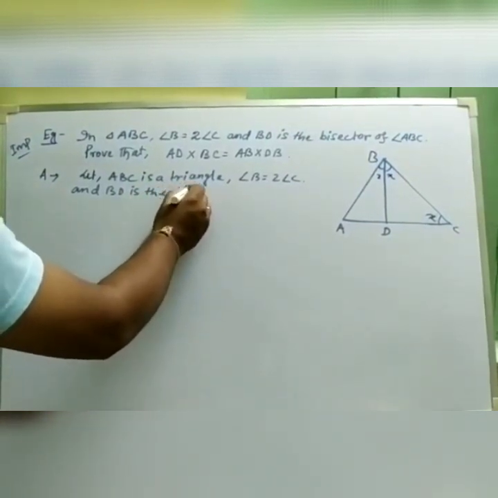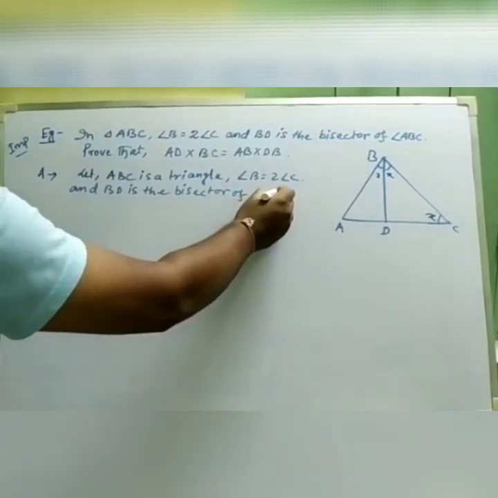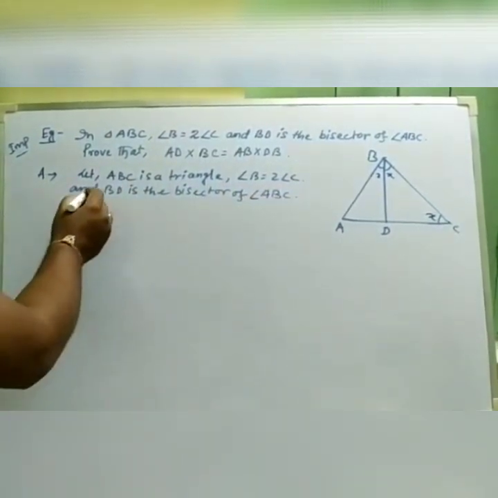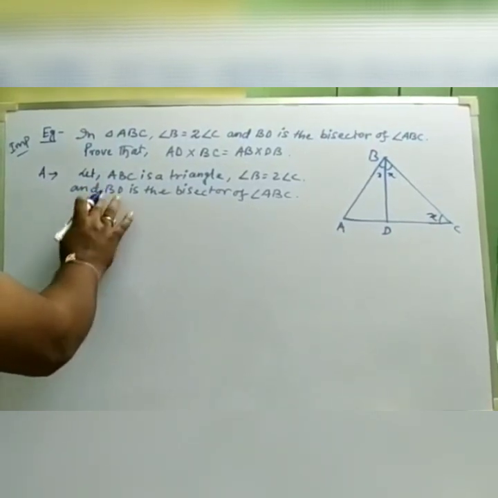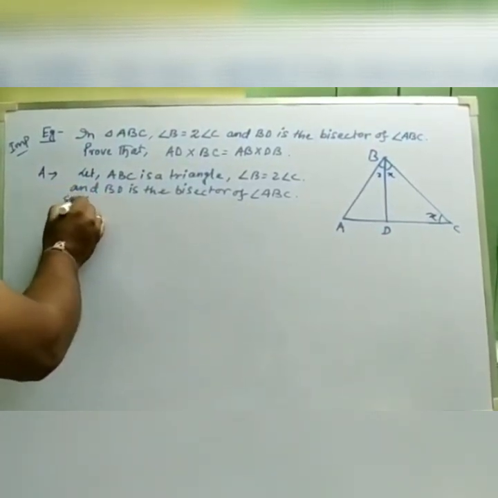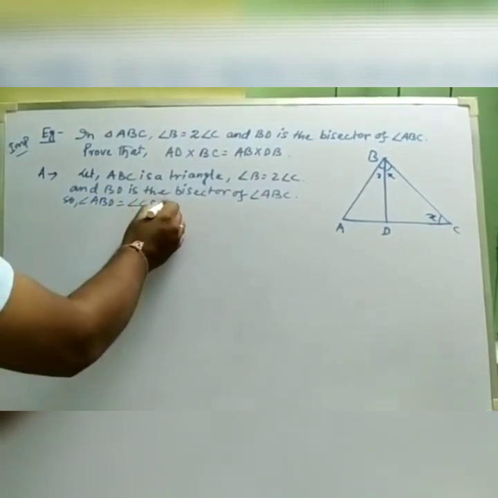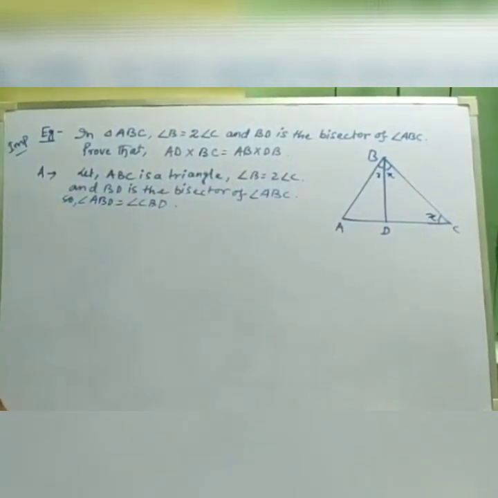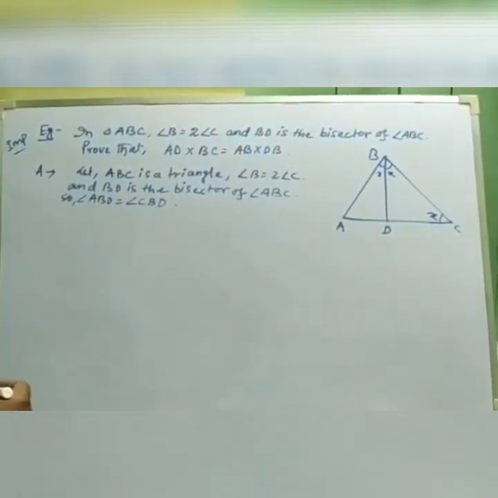So angle ABD is equal to angle CBD, because both will be equal as BD is the bisector of angle ABC.